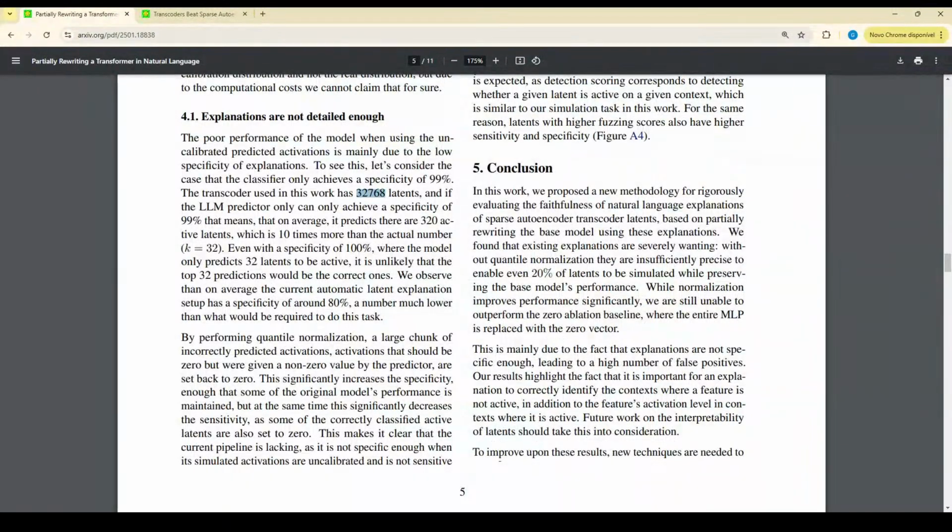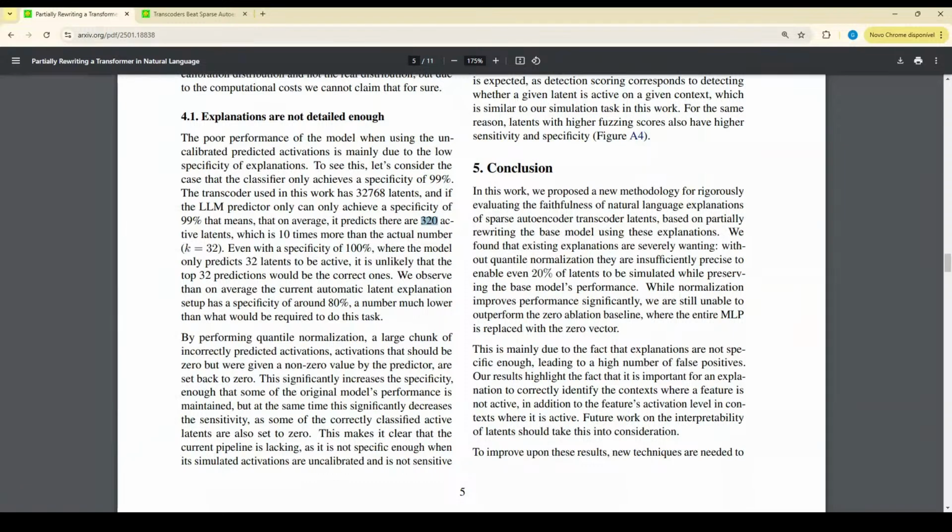If your SAE has 32,000 latents, which is a normal size for a small model, but you can imagine that, for instance, the SAEs that we trained for Llama have 131,000 latents, so close to 5 times this. And if you have a specificity of only 99%, you're still going to predict that 32,000 latents should be active.